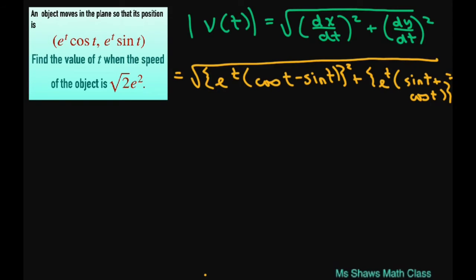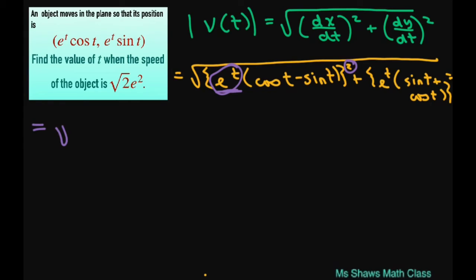So let me rewrite this out. Basically what I'm going to do is factor out e to the power of t, and square my e to the power of t, so then you can see it a little better.